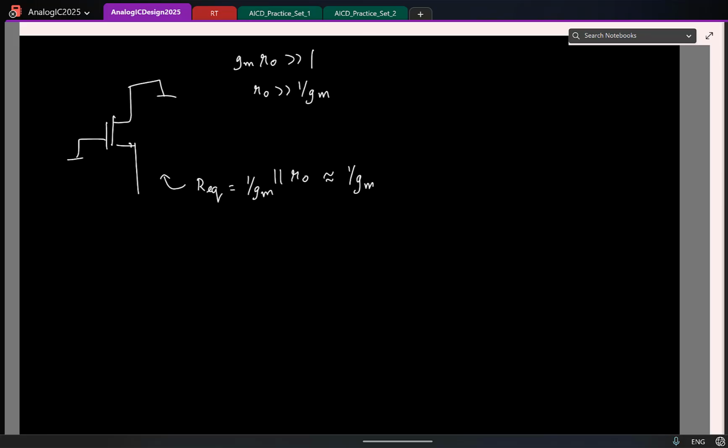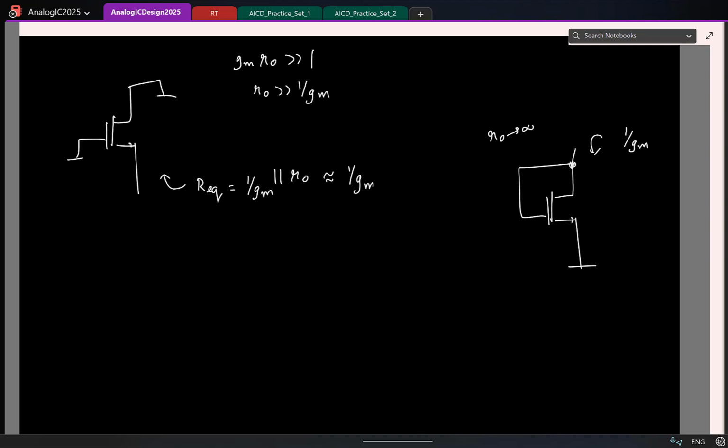Okay, now another question to you. Remember you had this setup, the diode connected transistor. Again, if I ignored r0, what is the small signal resistance of this? That was also 1/gm.